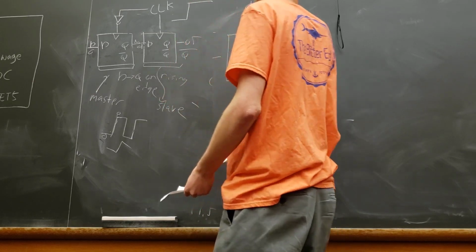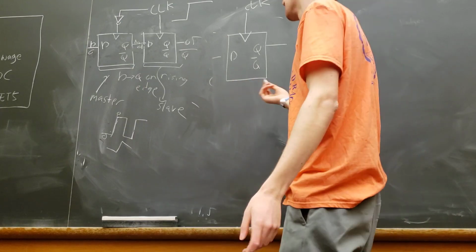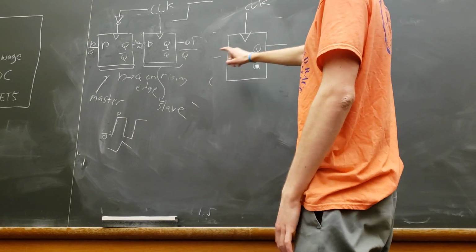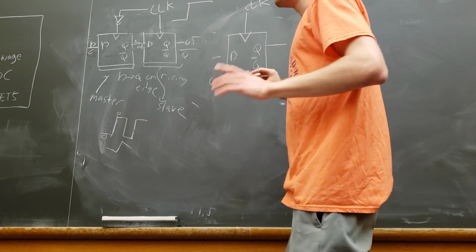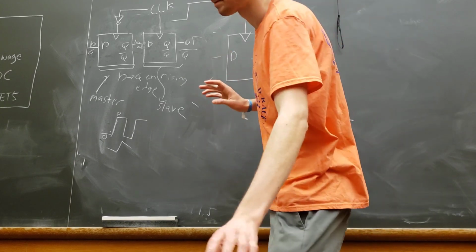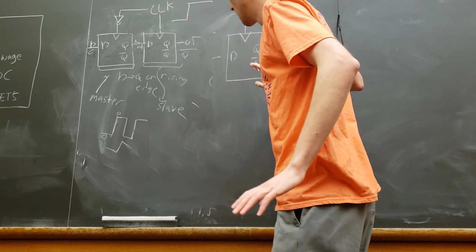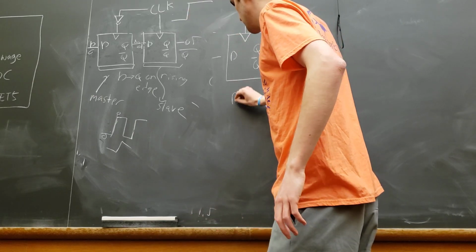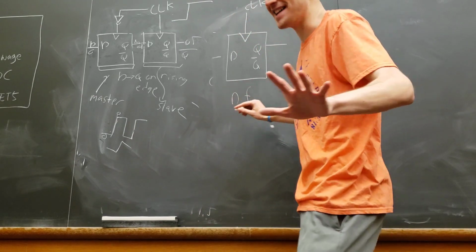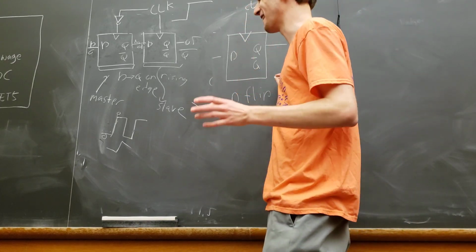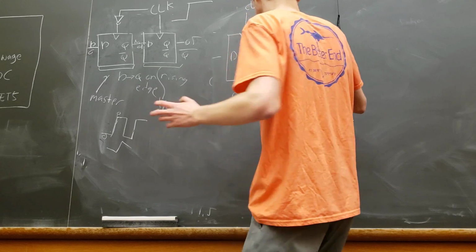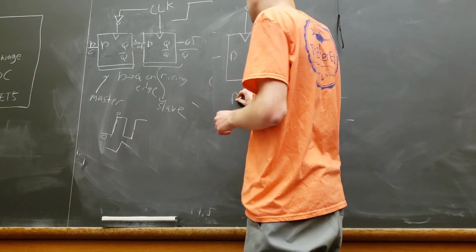And to be honest, we don't really care about the Q not, but whatever. So this can be abstracted as this. And this is super important, okay? This is called a D flip-flop.